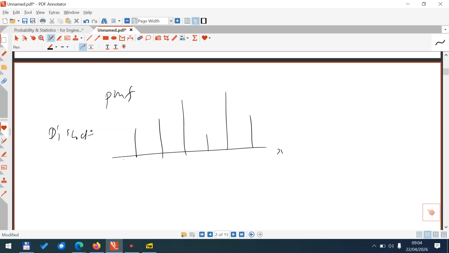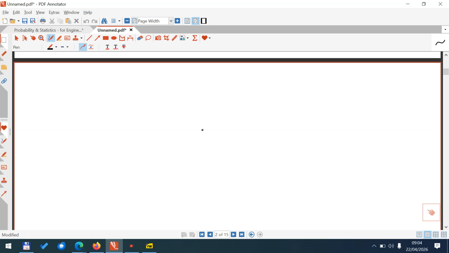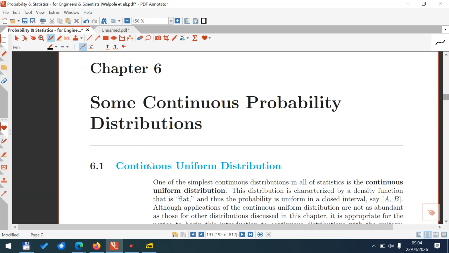Okay, so now we are ready to move on to the next chapter, and that is about continuous probability distributions. We know how to deal with continuous probability distribution. We need PDF and then CDF, and the set of values is uncountable. We know that.